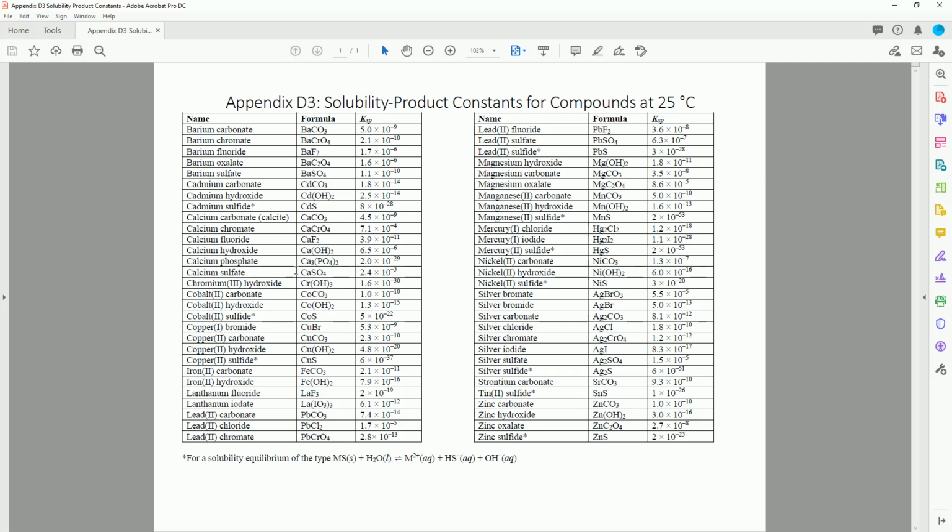Calcium phosphate here is 2.0 times 10 to the negative 29. So you'll see lots and lots of different values here, and we're going to be doing some examples with these.